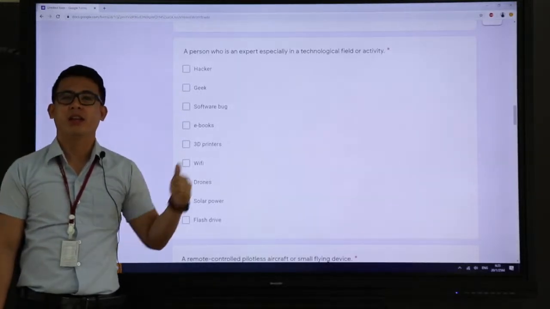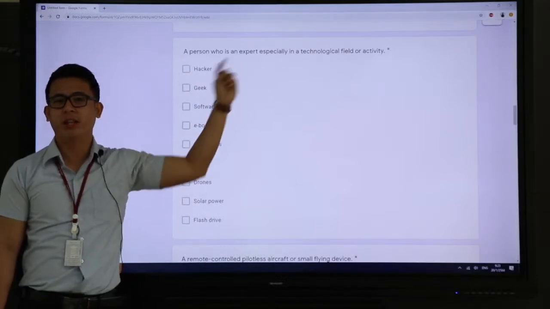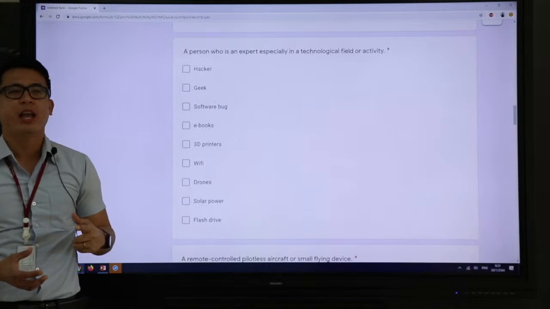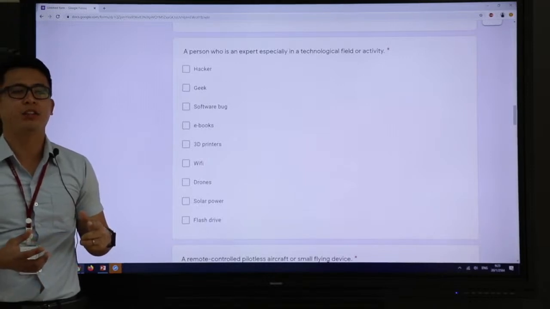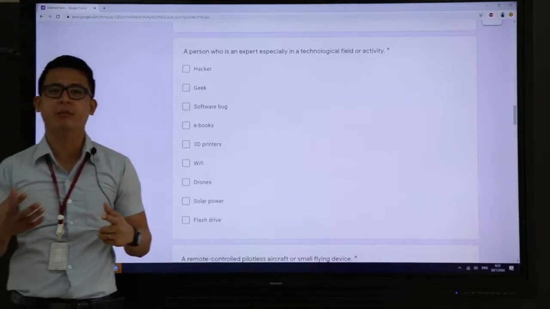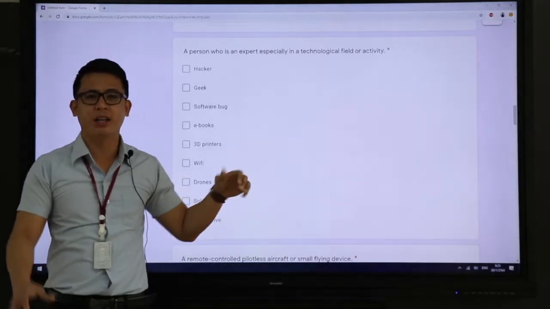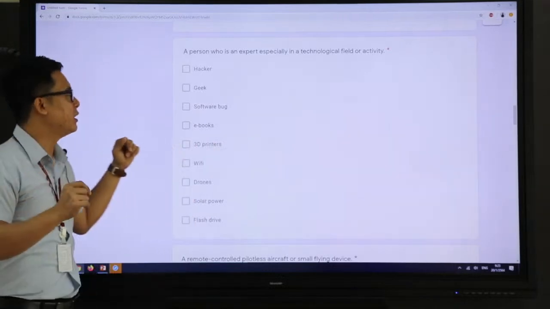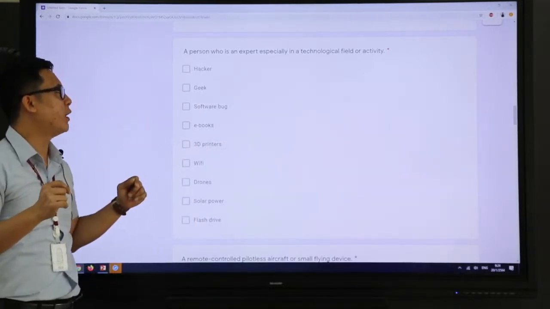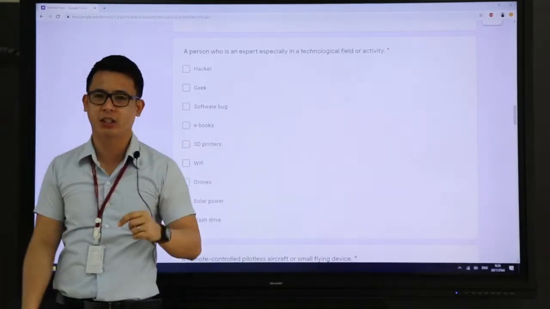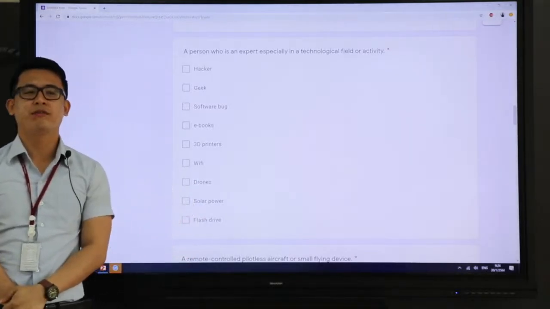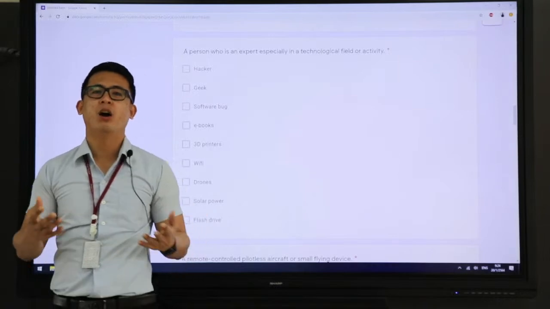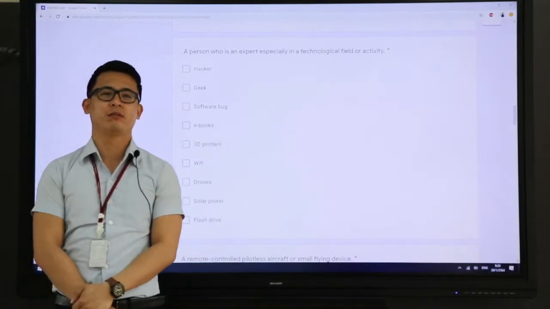In the first one, we talked about cracking passwords, getting into someone's account, and being very good in overcoming technical problems. But this one is a general definition of someone who is very good or expert in a technological field. So if you are very good in technology, in computers, in programming, what do you call yourselves?